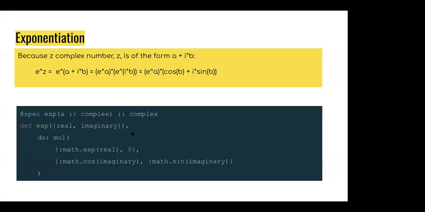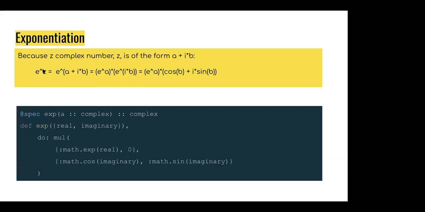So what am I saying? The next problem in the exercise was to do exponentiation, in particular, that natural constant e to the power of some arbitrary complex number.